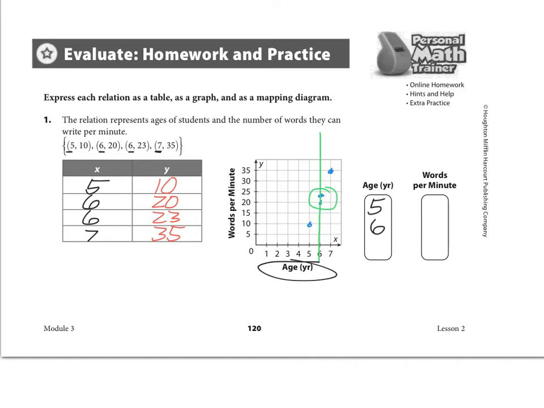So 5, 6, 7. The y's are 10, 20, 23, and 35. And then what you do is you draw lines connecting them. So 5 goes to 10, 6 goes to 20 and 23. Because this x goes to 2 y's, it is not a function. And then 7 goes to 35.